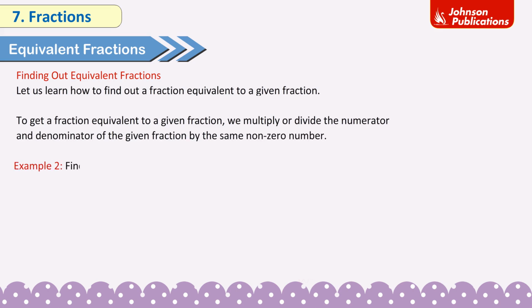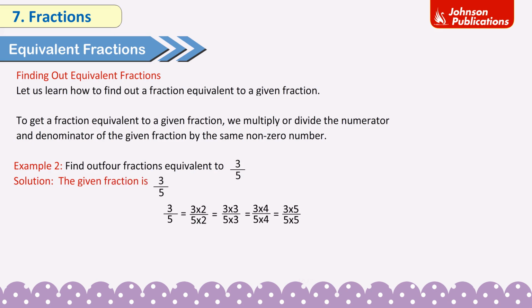Example 2. Find out 4 fractions equivalent to 3/5. Solution. The given fraction is 3/5. 3/5 is equal to 3 multiplied by 2 divided by 5 multiplied by 2, is equal to 3 multiplied by 3 divided by 5 multiplied by 3, is equal to 3 multiplied by 4 divided by 5 multiplied by 4, is equal to 3 multiplied by 5 divided by 5 multiplied by 5.